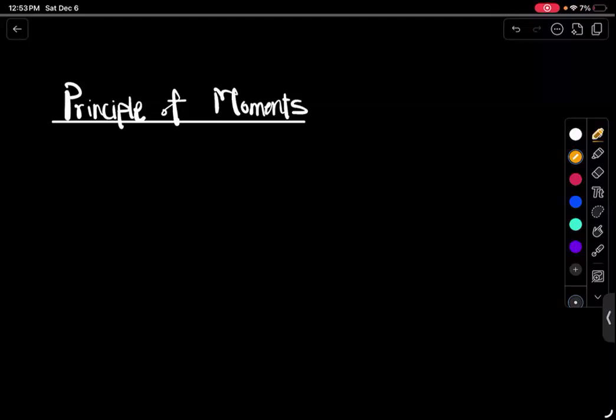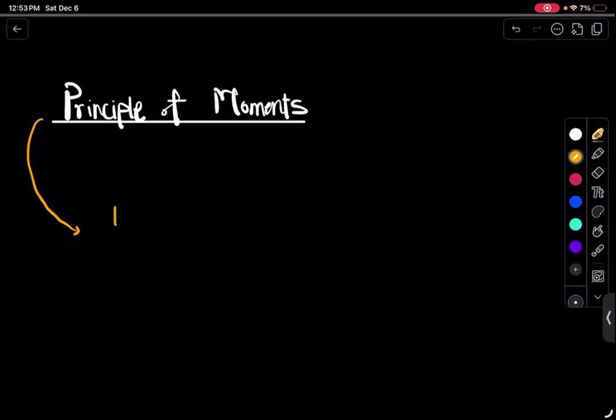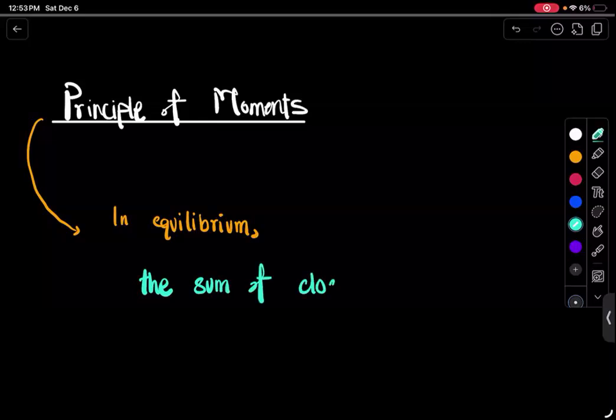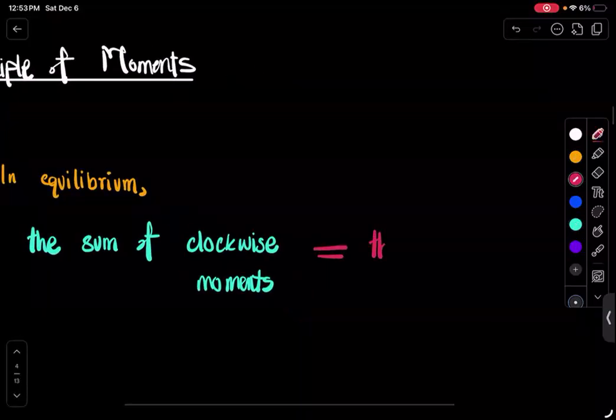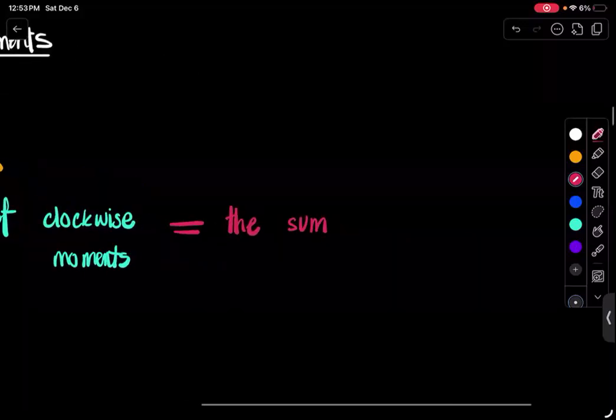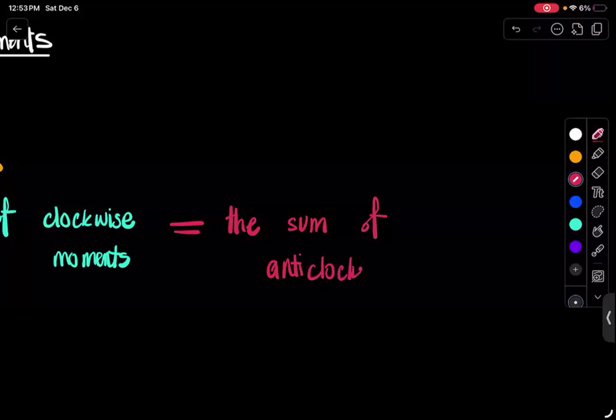The way you define the principle of moments is that in equilibrium, the sum of clockwise moments is equal to the sum of anti-clockwise moments.